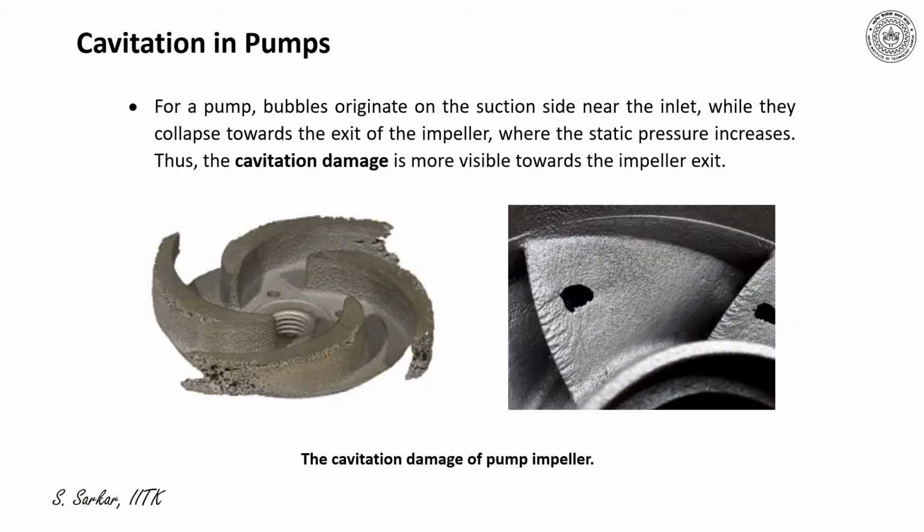Please note that for a pump, the bubble originates on the suction surface near the inlet, where the pressure is low, and travels along the flow and collapses towards the exit of the impeller, where the static pressure increases again.